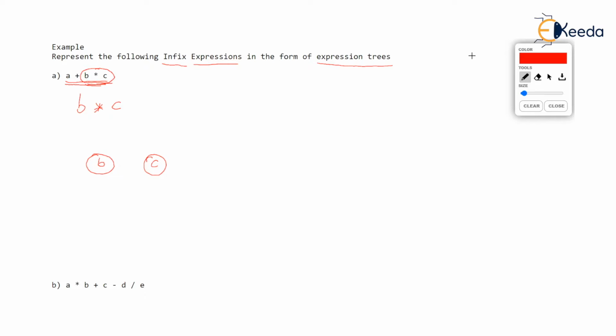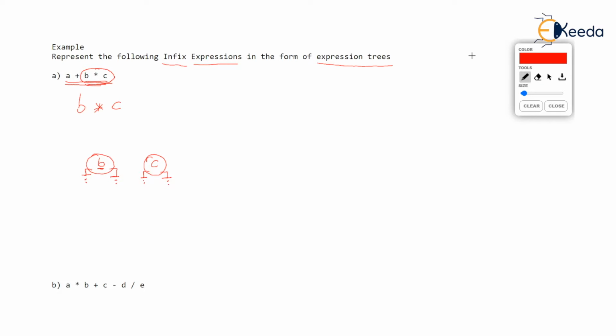That means whenever you create a node and store operand in it, we will make left pointer and right pointer as null. Every node will have two pointers, left and right, and data. Data here is operand like b. Similarly, c is also an operand, so it will be leaf. Left and right pointer of c will be null.